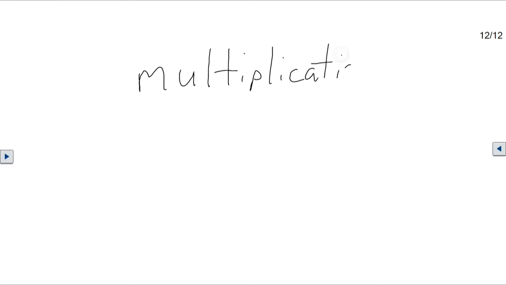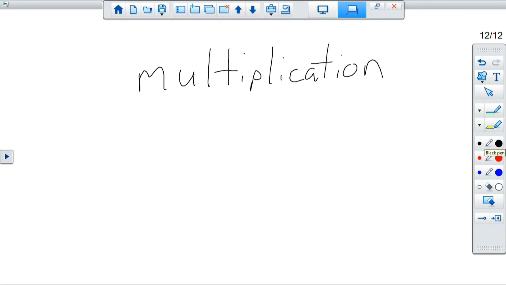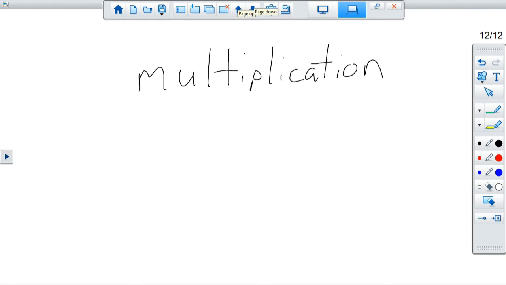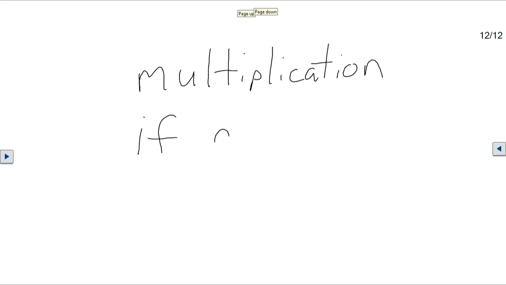So when you're multiplying, again, we multiply those front numbers, multiply those powers of 10. Sometimes it turns out the answer is in scientific notation. If it isn't, we need to make that adjustment, and our adjustment is we add 1 to the exponent.